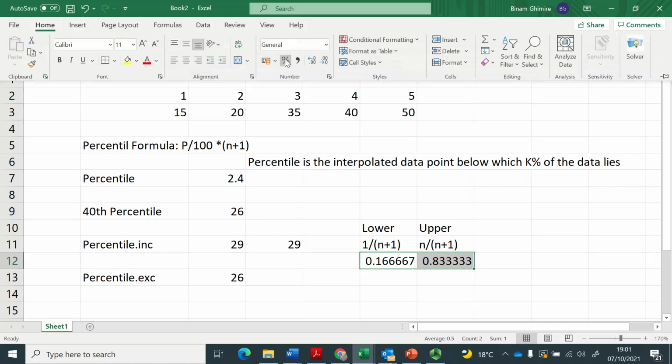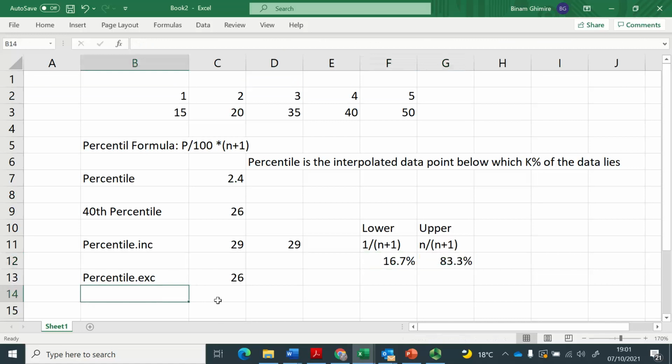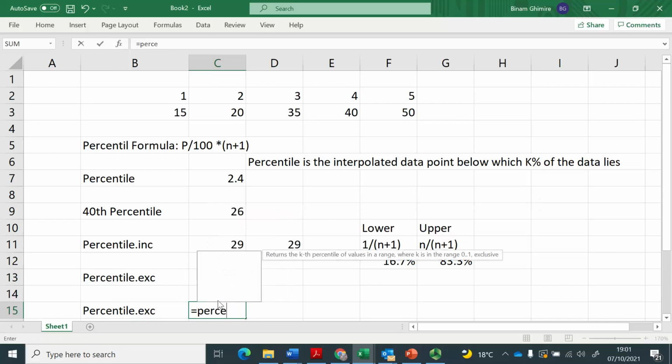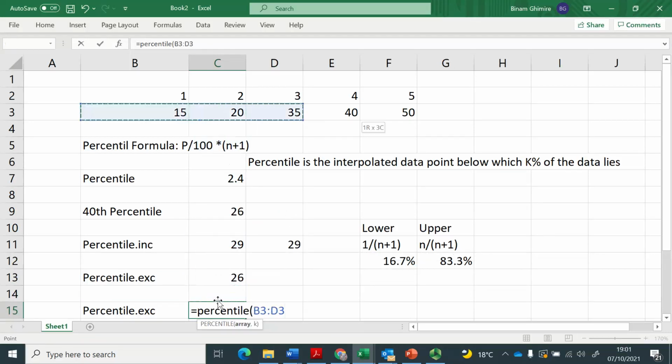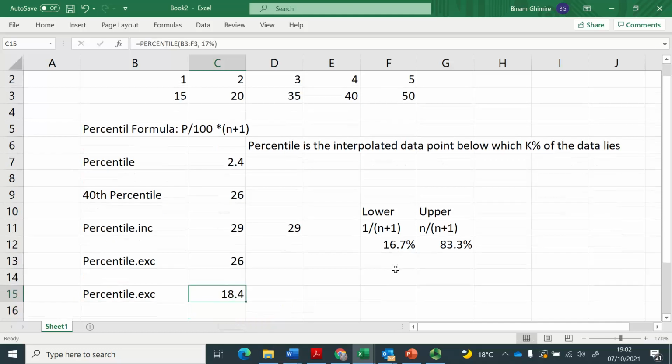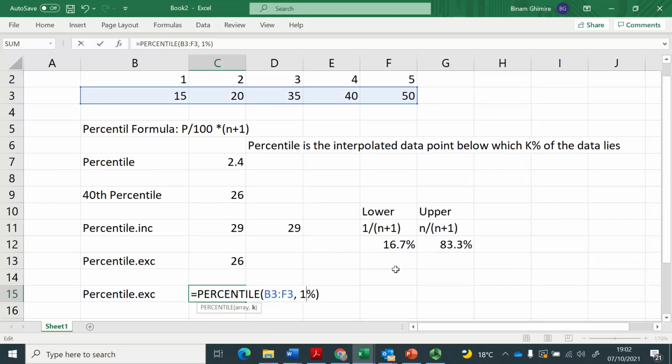16.67%. Now, you can try this out, which basically means try the Percentile.EXC function for these upper and lower bounds. And what should happen is you will not get the answer if you try it for below 16.7%. So if you try it for 17%, you should get the answer. If you try for 16.8, you should still get the answer.